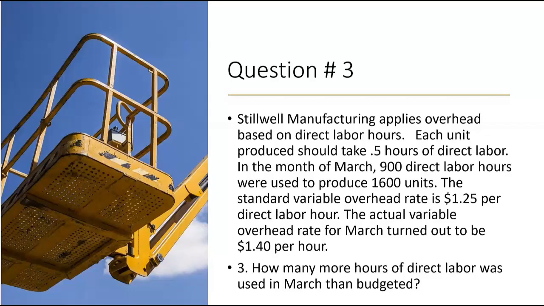Okay, so if 1,600 was the actual level of production for March, and each unit produced should only take half an hour of direct labor, then they should only have used 800 hours of direct labor to produce 1,600 units. And how many direct labor hours were used? 900 were used. So how many more hours of direct labor was used than budgeted? 100 hours more. And that's a sign of inefficiency.